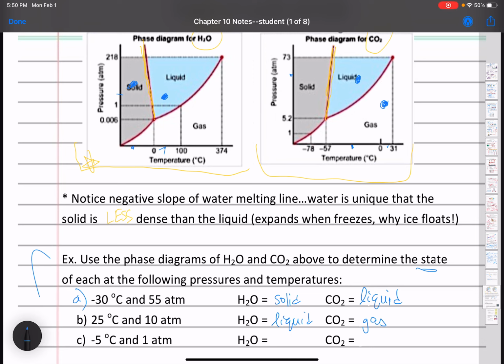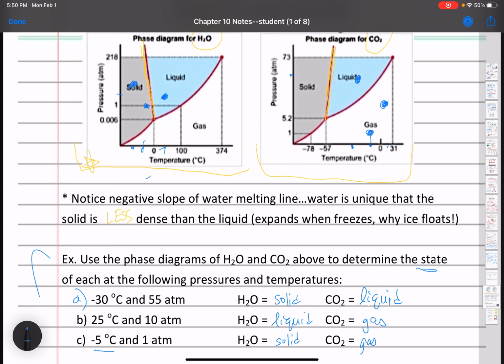And then lastly, -5 degrees Celsius and 1 atmosphere is still in the solid zone for water, and it is solidly in the gas phase for carbon dioxide.